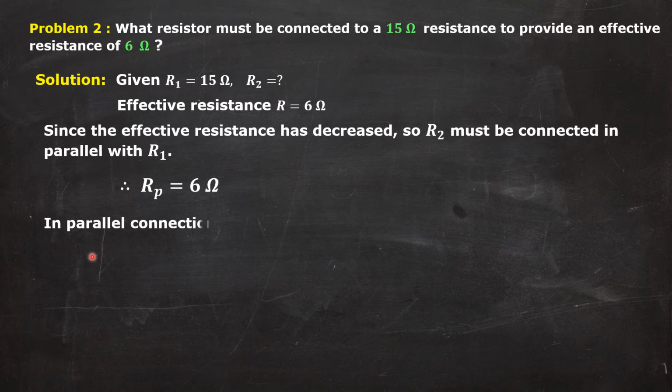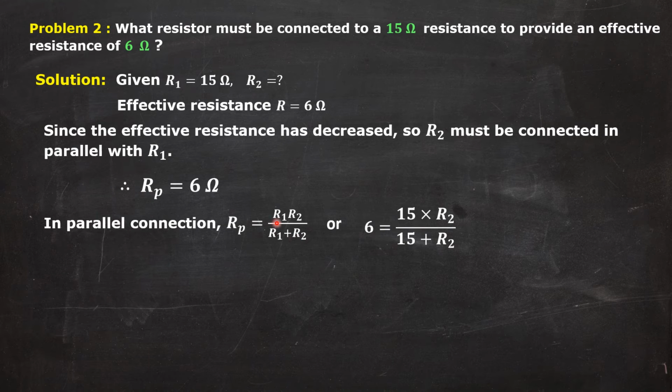So here is the formula. In parallel connection, we have Rp is equal to product by sum, R1 R2 by R1 plus R2. So let us substitute the Rp value and R1 value in this equation and simplify. 6 equal to 15 into R2 by 15 plus R2.